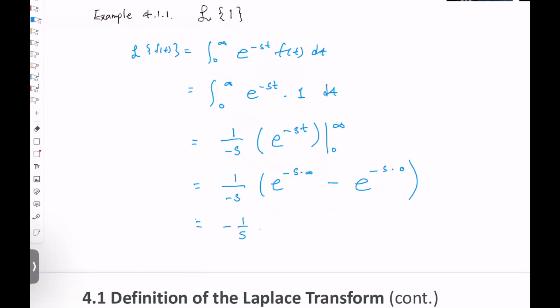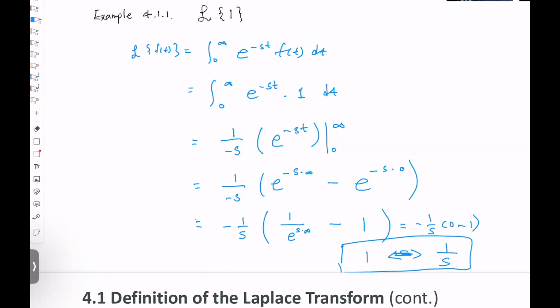That is negative 1 over s times 1 over e to the s times infinity, minus 1. S times infinity is going to be a really huge number, so that is 0 minus 1. So the answer is 1 over s. If you take the Laplace transform of 1, it's going to be 1 over s.